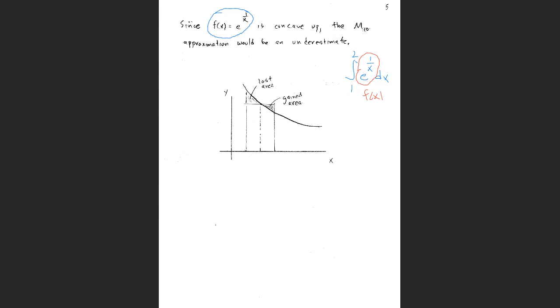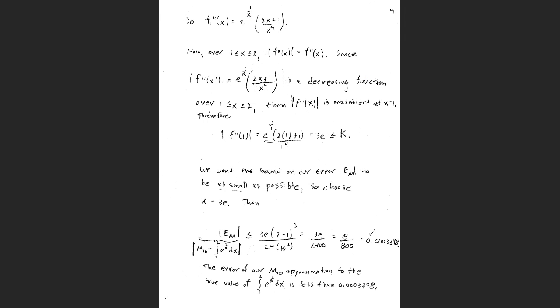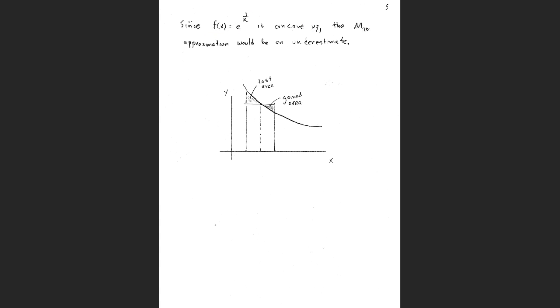Now, how do we know that? Well, when we found the second derivative, what can you tell me about it? Over the interval from 1 to 2, the second derivative is always greater than 0. That means that our function f of x is concave up.